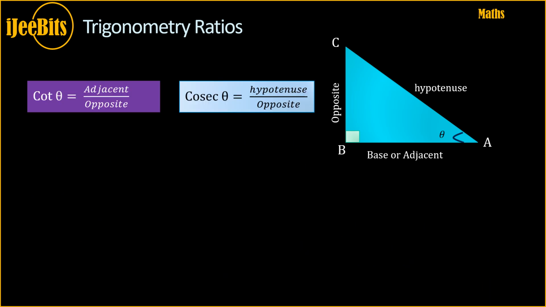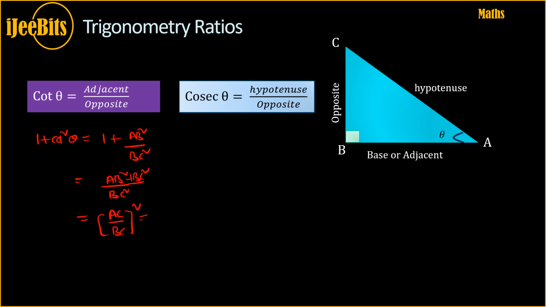Similarly, if we look at a relation between the cot theta and cosecant theta, again 1 plus cot square theta, if you compute it, 1 plus cot means AB squared by BC squared, right? If you take the LCM BC squared, so AB squared plus BC squared, nothing but hypotenuse square, which is AC square. So AC by BC whole square.